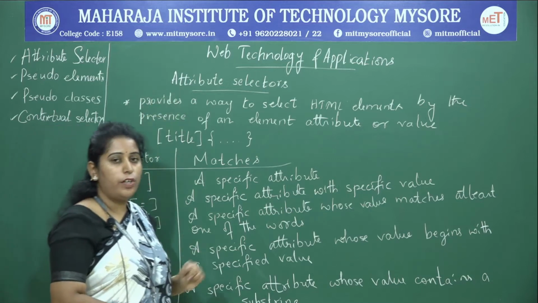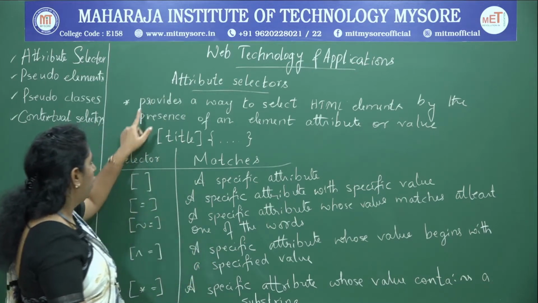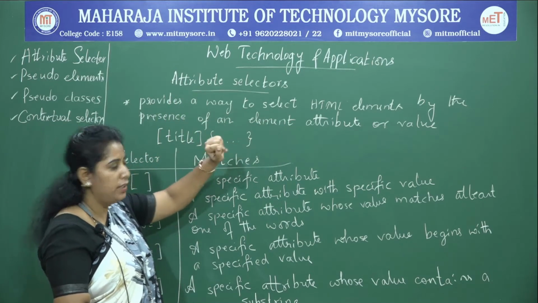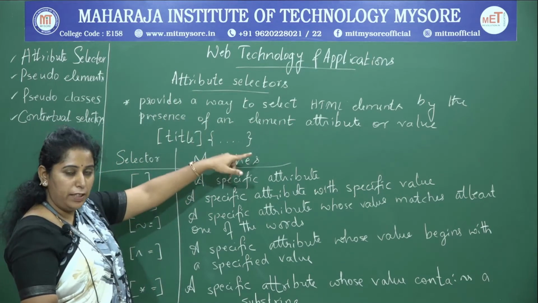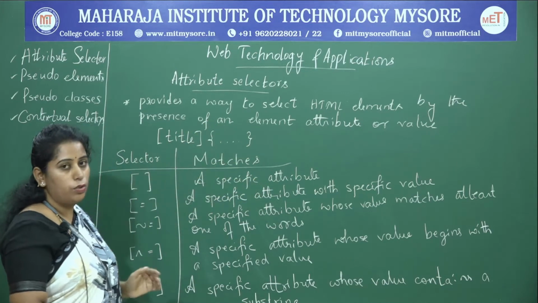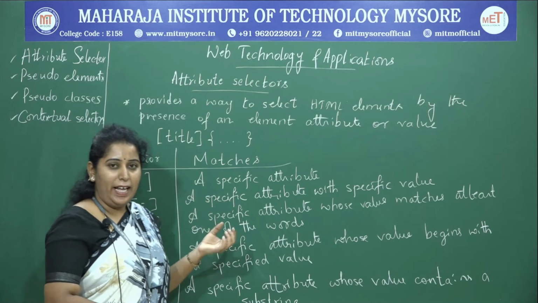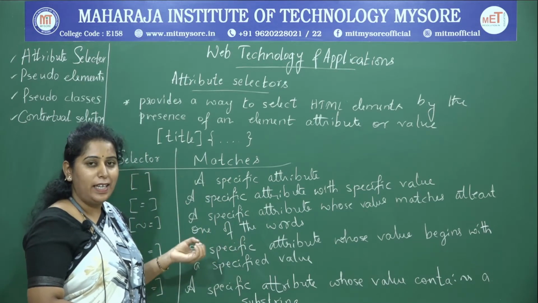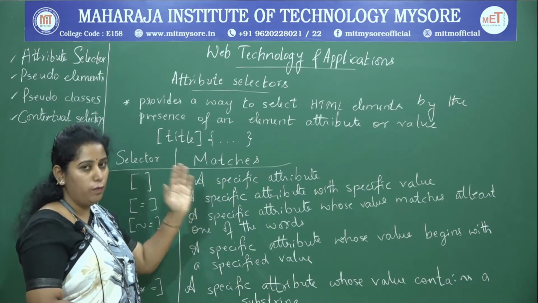Attribute selectors. What do you mean by an attribute selector? It provides a way to select HTML elements by the presence of an element attribute or by the value of the attribute. You know that for some of the tags we can give a property. A property can be assigned in terms of an attribute and a value.